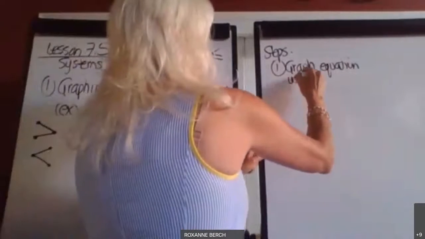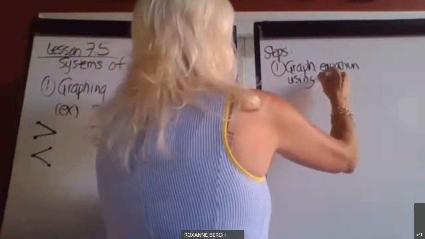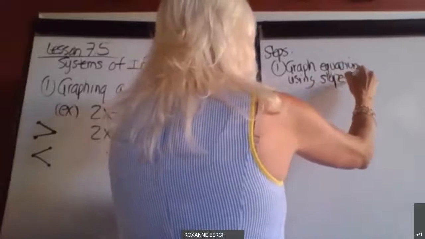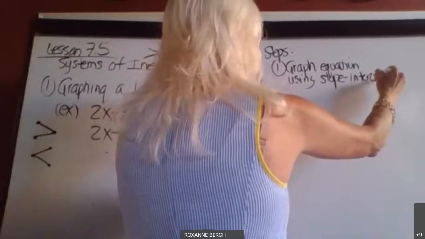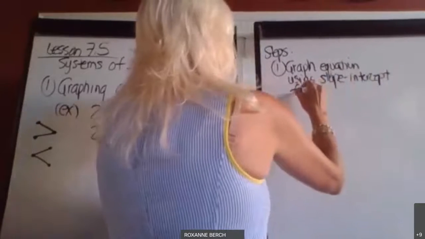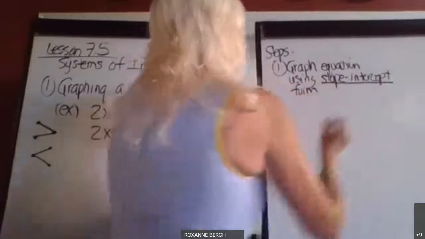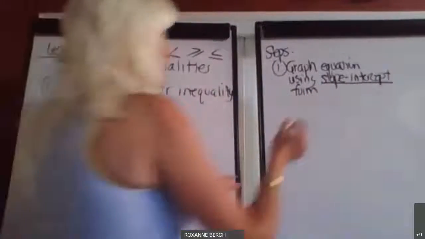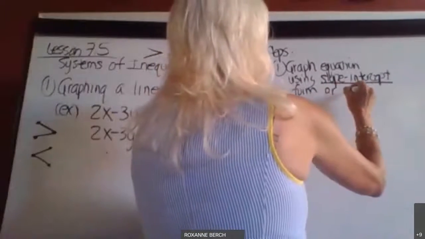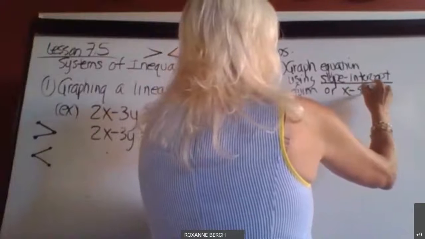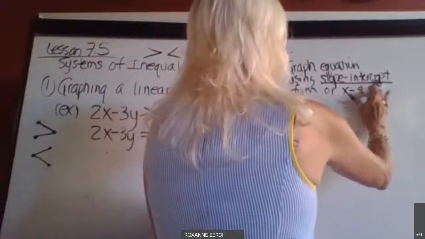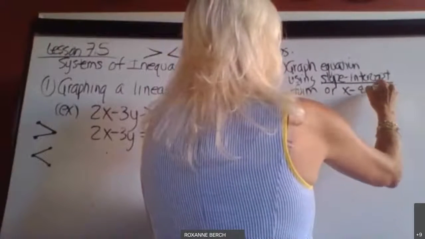You're going to use slope-intercept form if it's easy to graph, or if it's not easy, you're going to use a method called the x and y-intercept method.